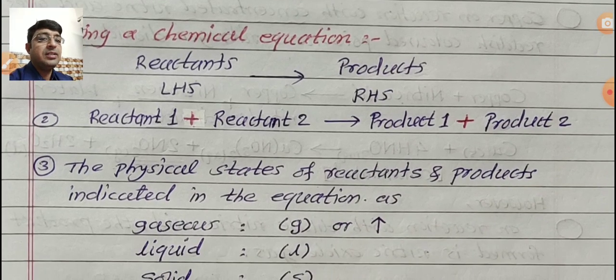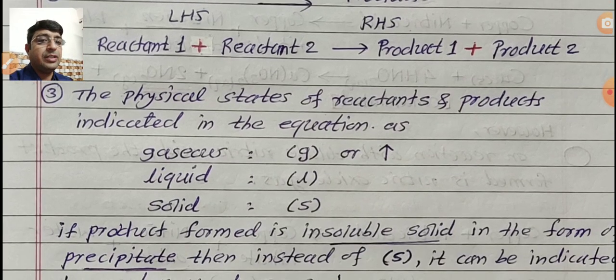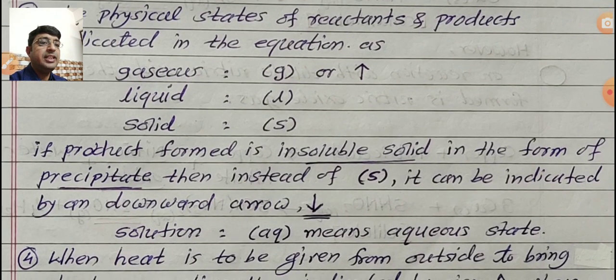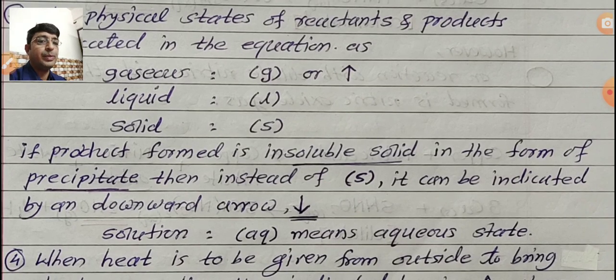Third point, the physical state of reactants and products is indicated in the equation. If gaseous state, then indicated as G or an upward arrow. If liquid state, then L. Solid state, then S. If a product formed is an insoluble solid in the form of a precipitate, means solid particles are formed, then instead of S, in bracket it can be indicated by a downward arrow.